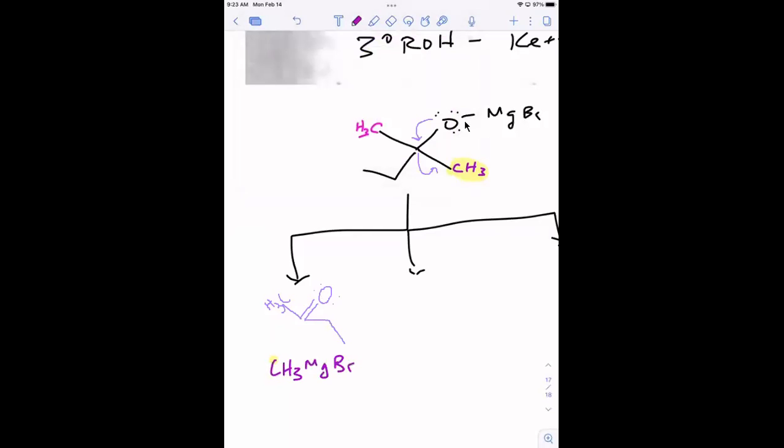Is that right? Mm-hmm. So it'll be this. That's my ketone plus that. And we know that that Grignard will come from here. All right. Can somebody else try this group right here, removing that group?